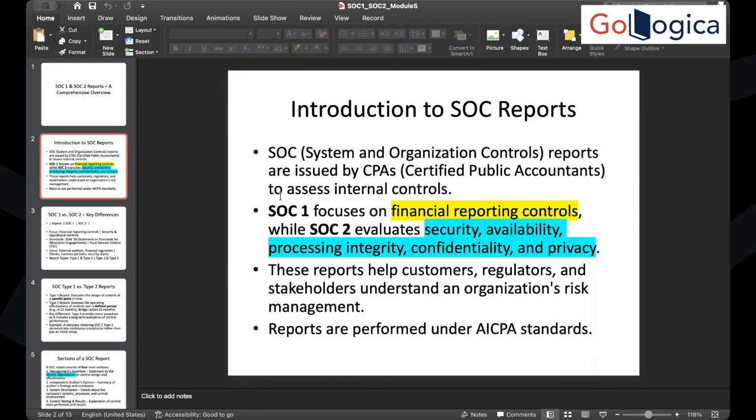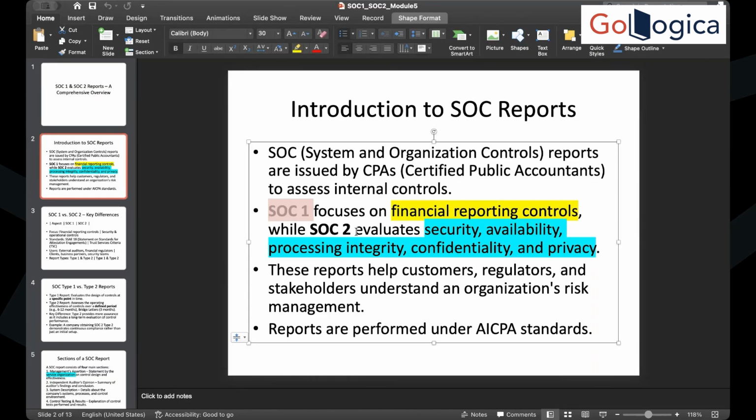For example, 10 SOC 1 reports and 10 SOC 2 reports. For 20 reports, we are paying around $5 million. The natural question comes: why are we paying so much money?